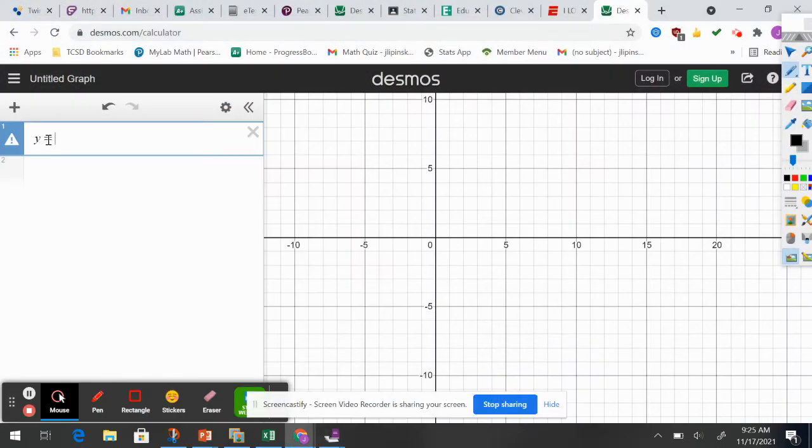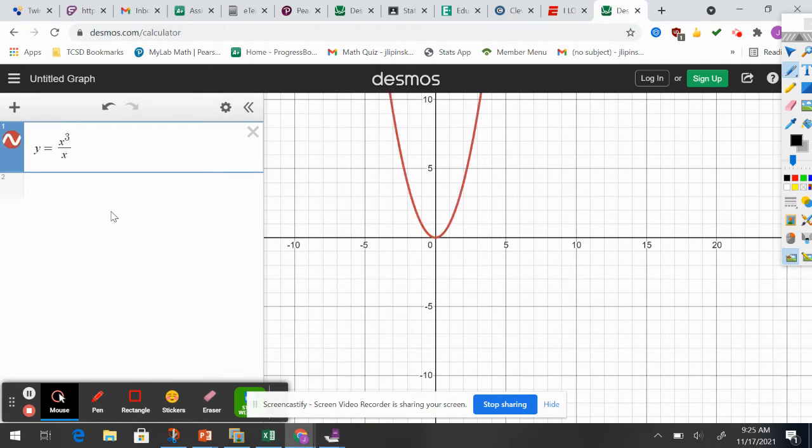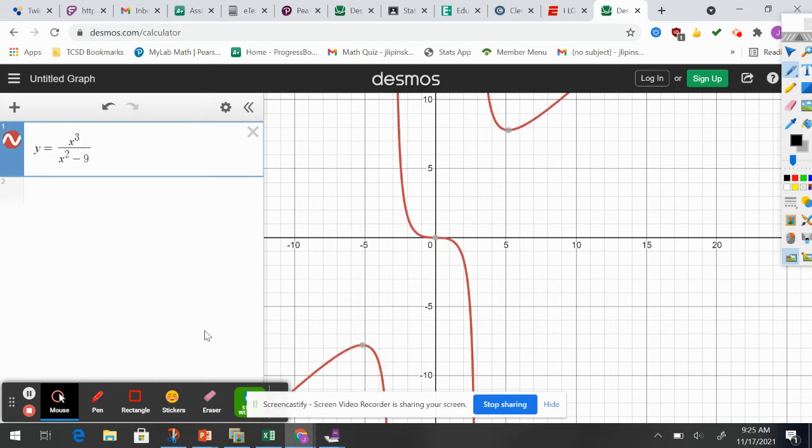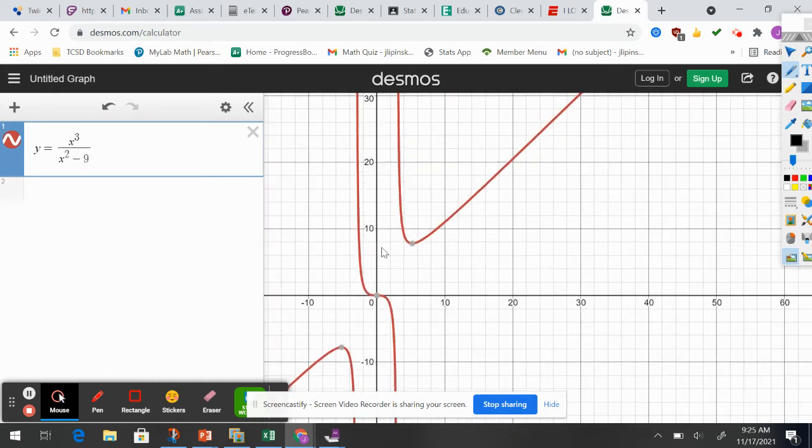So if you look, you've got these kind of funky looking graphs here with all these different values.